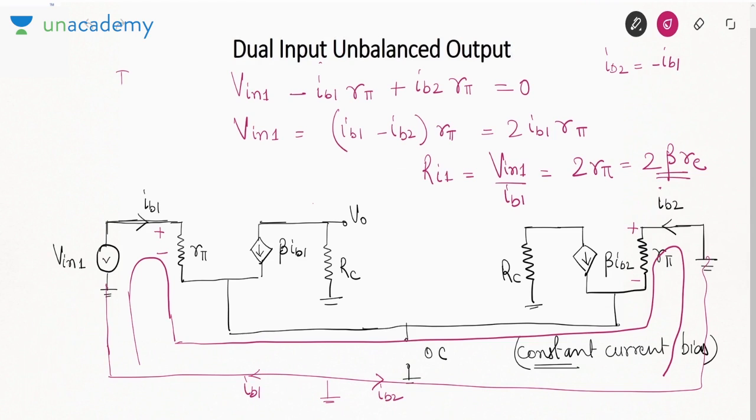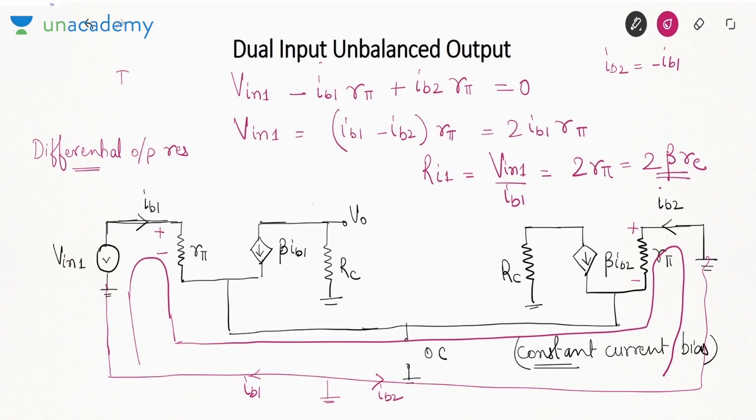Now we also define one more term called differential output resistance. What is this differential output resistance? See, listen carefully. It is the resistance seen at one output terminal with the other output terminal grounded.